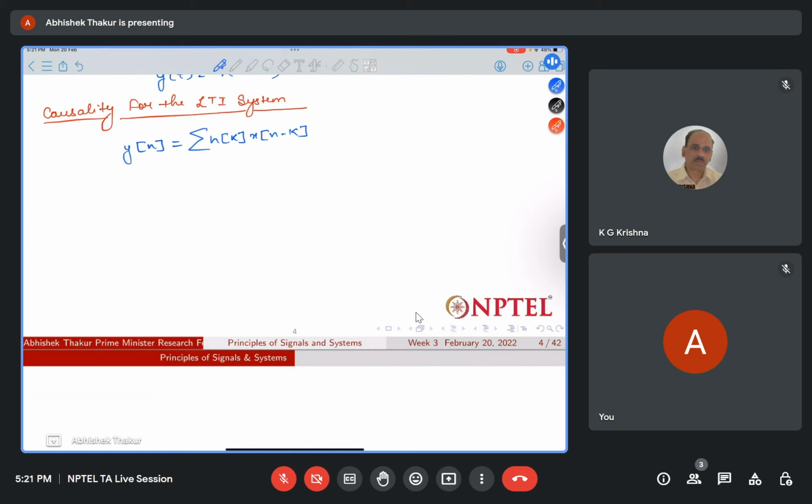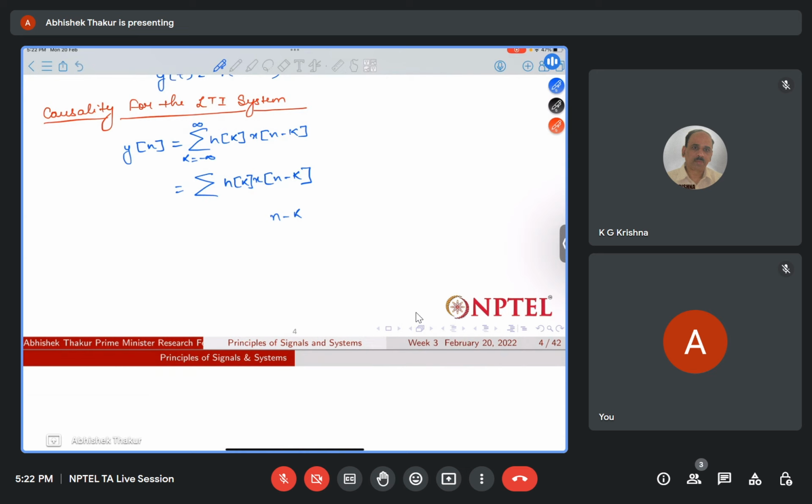In this, we will separate the terms which depend on the future input, and the terms that depend on the present and past input. Whenever n minus k is greater than n, the output depends on the future input.